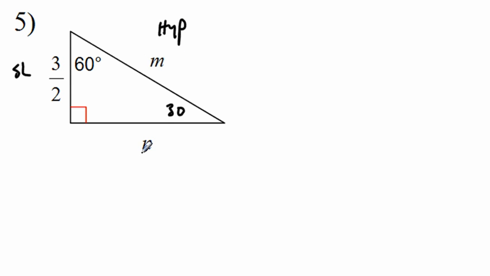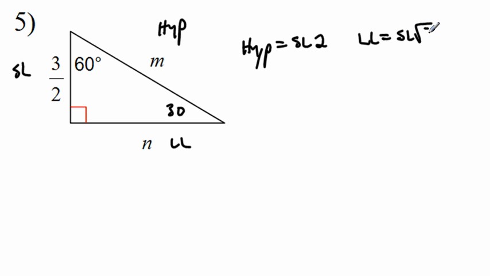And I know this side has to be the long leg because it's opposite the 60-degree angle. What we learned in 30, 60, 90 is the hypotenuse is equal to the short leg times 2, and the long leg is equal to the short leg times root 3.